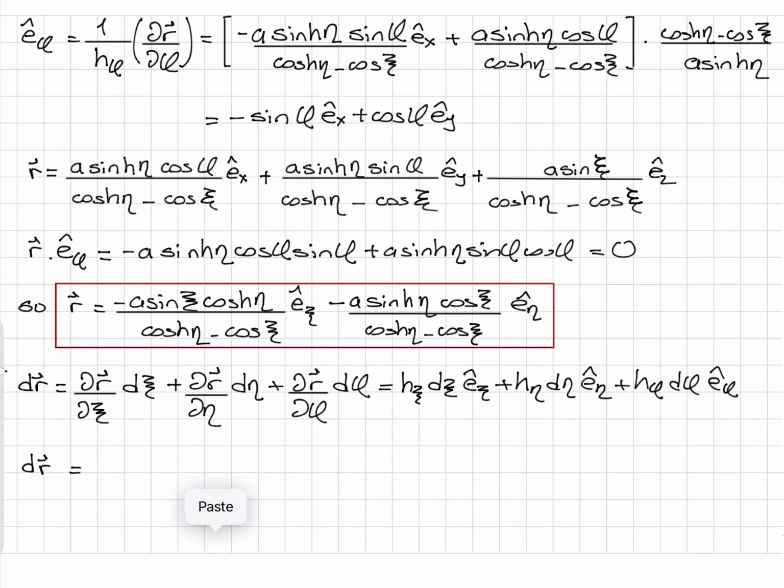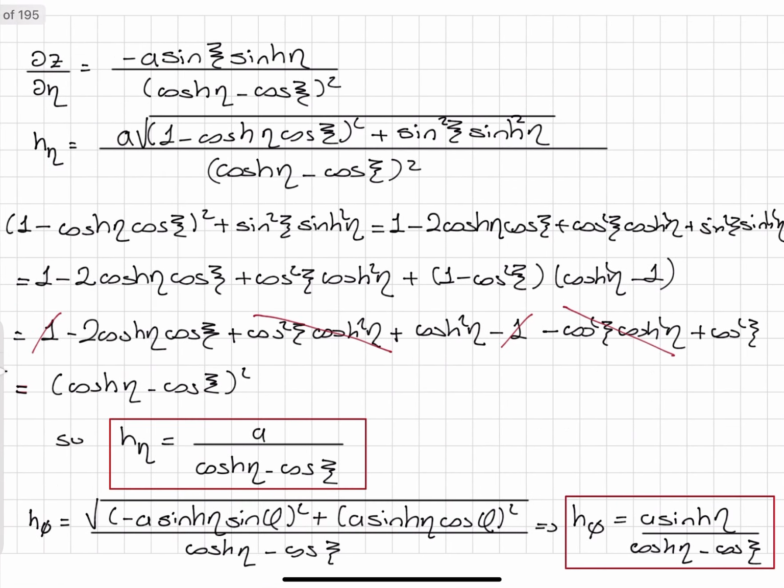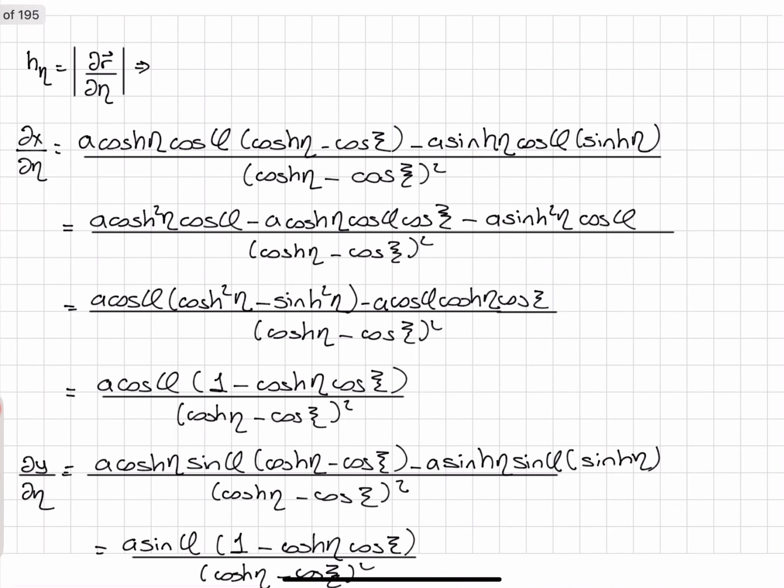What is the scale factor h psi? Let's recall, for h psi it was a over cosine hyperbolic eta minus cosine psi.